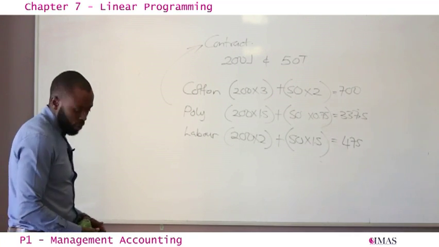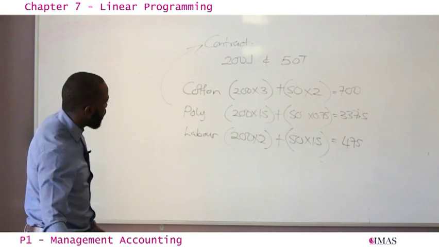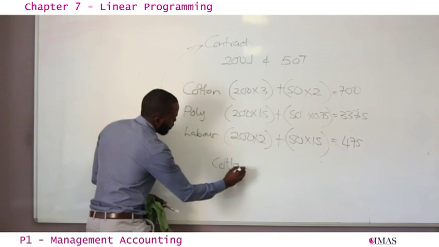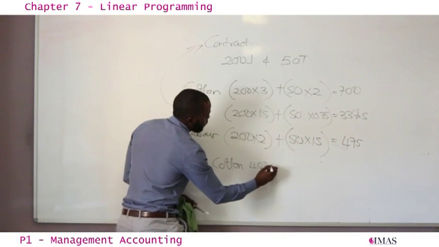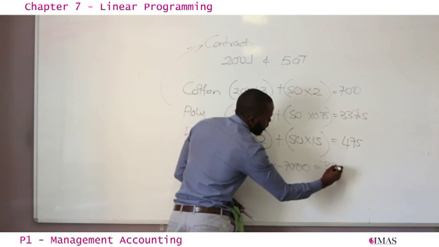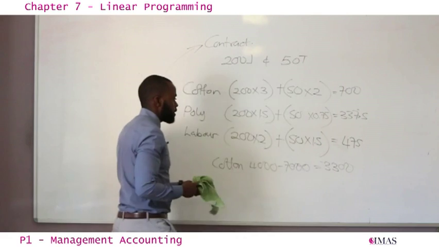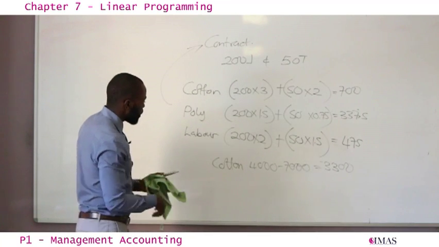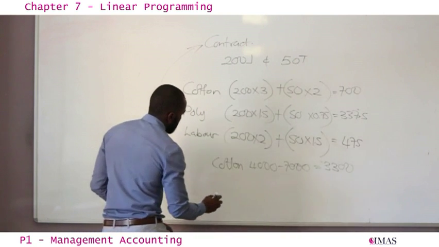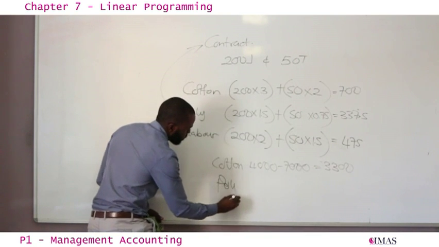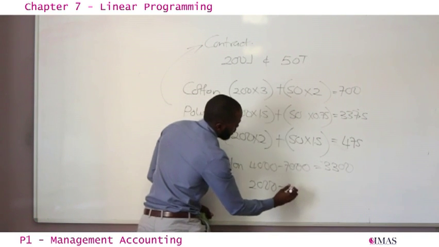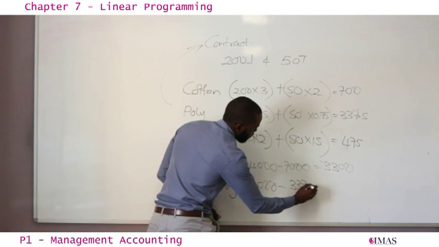Then for cotton, we had 4,000 meters. So 4,000 minus 700 means we only have 3,300. Then for polyester, we have 2,000 meters, so we take 2,000 minus 337.5.